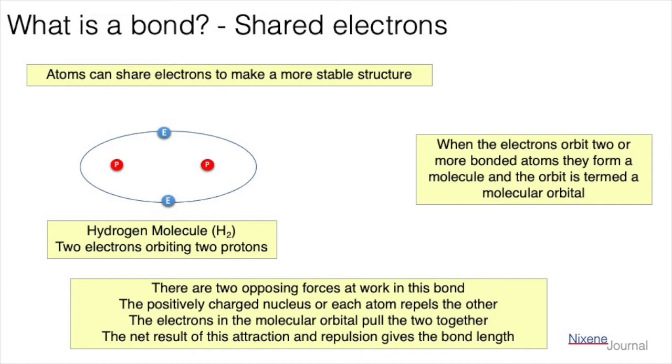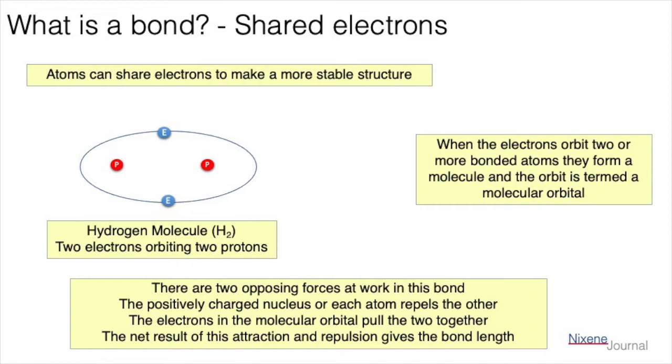And then the 2 electrons get shared between the 2 protons, and instead of orbiting around a single center, they orbit around a double center. This is now called a molecular orbital because we've now formed a molecule, and it's more stable like that than hydrogen would be as an atom by itself. So all a bond is shared electrons.